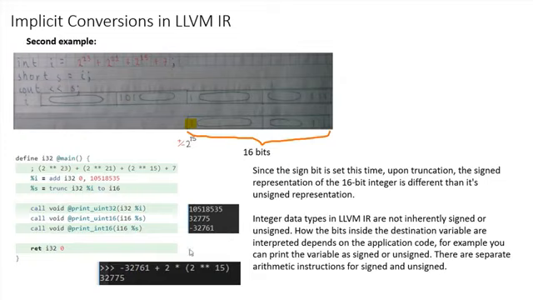So here, if we take the signed representation of this bit pattern, it's a negative number, and if we add 2 times 2 to the 15th power to it, we get the unsigned value out. Now, why is that? It's because this bit right here represents a positive or negative contribution of 2 to the 15th power.